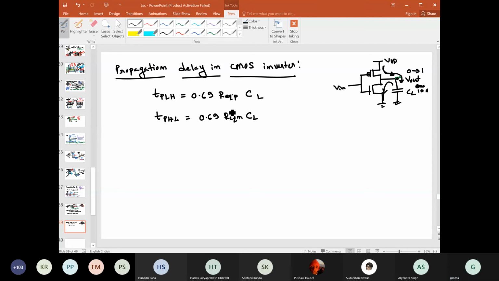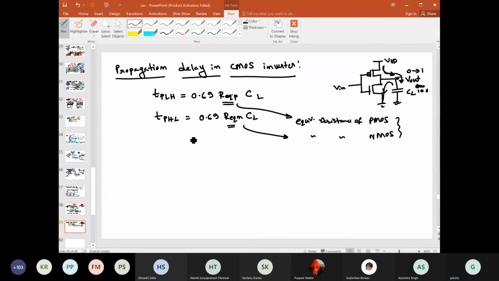So here is the question: what is this R equivalent P and R equivalent N? R equivalent P is the equivalent resistance of PMOS, and this one is the equivalent resistance of this NMOS.